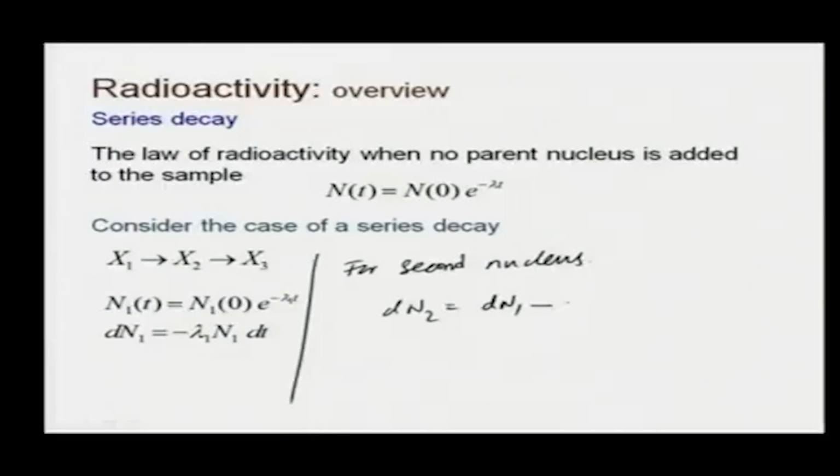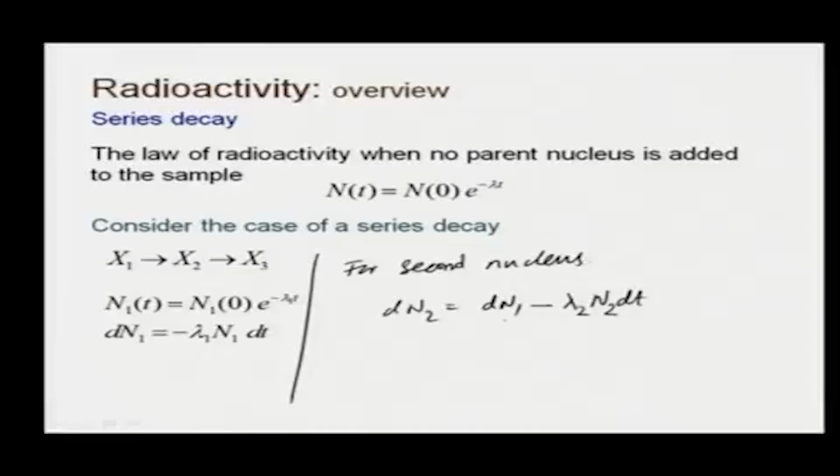If x2 is not stable, you have to subtract the number of x2 which will decay to x3, which follows the radioactive law, which is lambda 2 N2 dt.